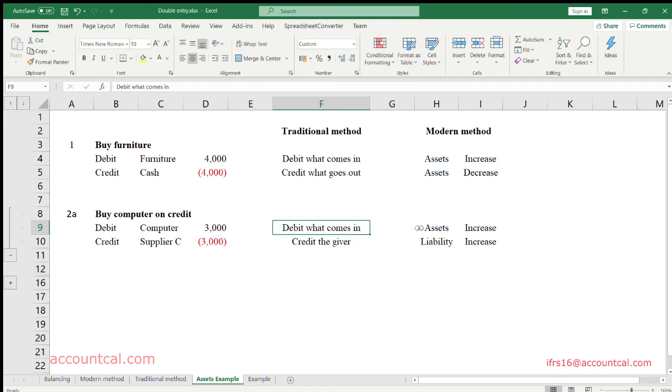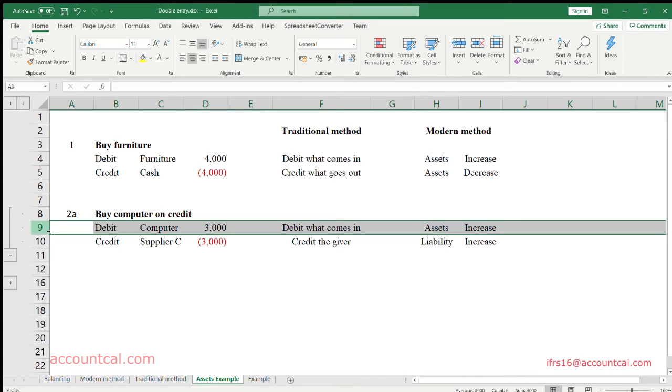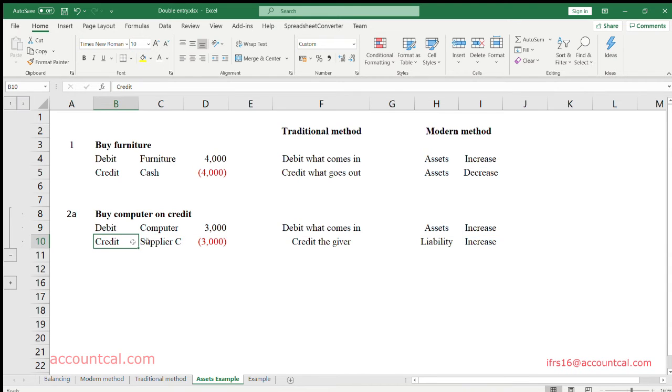And let's prove it with the modern method. Debit the asset when it increases. So we have debited the asset when it has increased. That's why we have debited computer by 3,000. Now, as you know, we have to credit something. What should we credit?